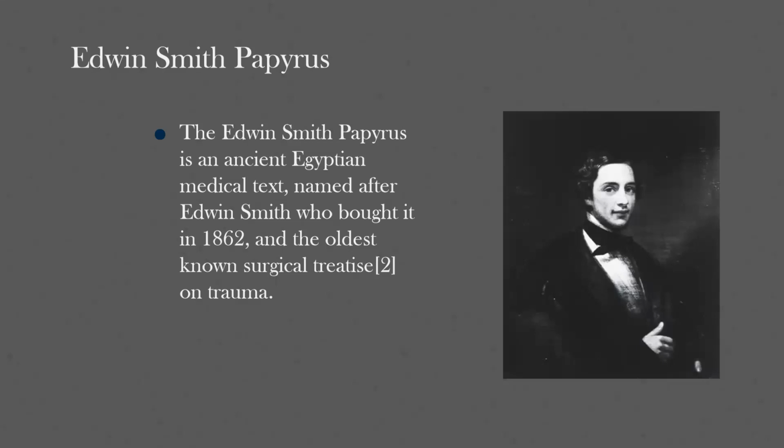Looking at it, he couldn't really decipher what it meant. He held onto it until his death in 1906, at which point his daughter donated it to the New York Historical Society. Only then, after he died, did they realize what the papyrus was.